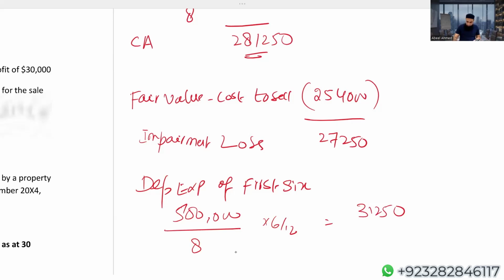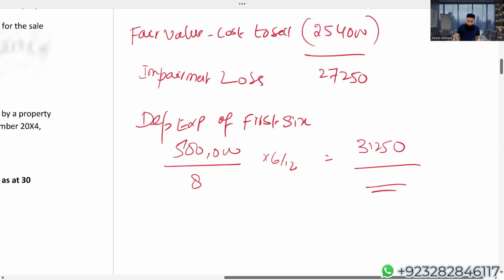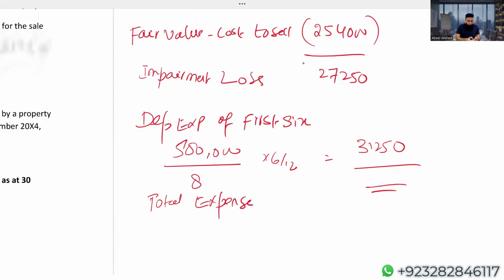Great. So here comes the total expense which we will charge to the income statement. Total expense, I'm getting, students, 58,500, because the question did not ask how much depreciation you will charge to the P&L. The question did not ask how much impairment loss you will recognize under IFRS 5.